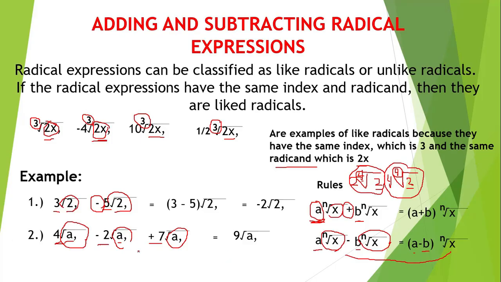So 4 minus 2 plus 7 is equal to 9, because 4 minus 2 is equal to 2, plus 7 is equal to 9. Then we have to copy the radical expression. So this one is the answer.